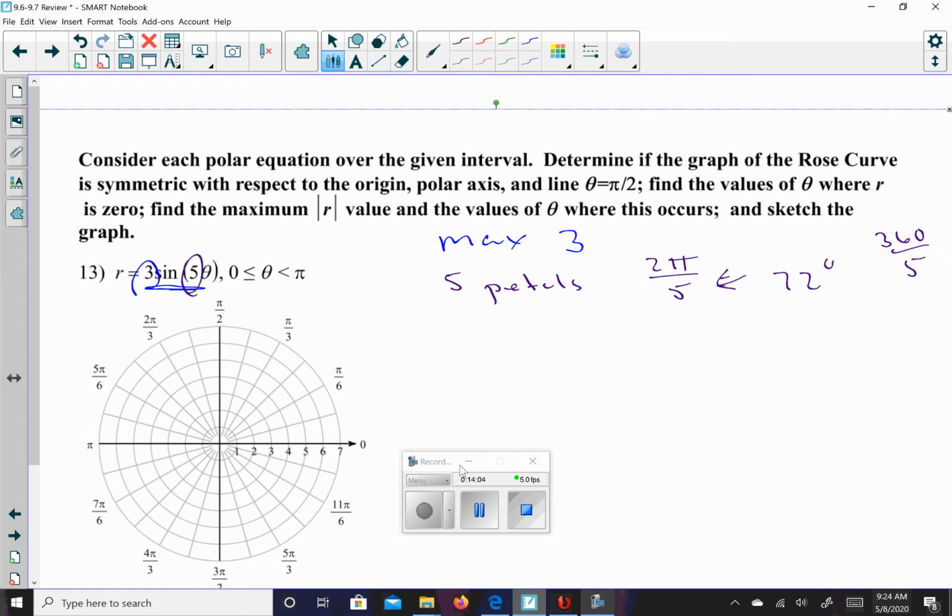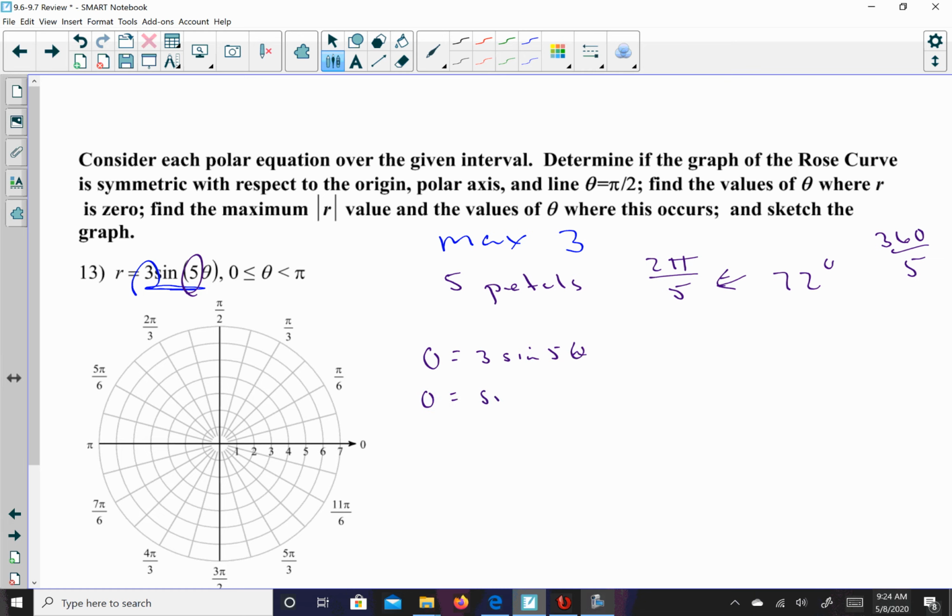So then what I'm going to do is, first of all, it's going to ask me to find my zeros. So I'm going to say 0 is equal to 3 sine 5 theta. Divide both sides by 3. And then it's asking me, when is a sine function equal to 0? Well, it's usually equal to 0 at 0 and pi.